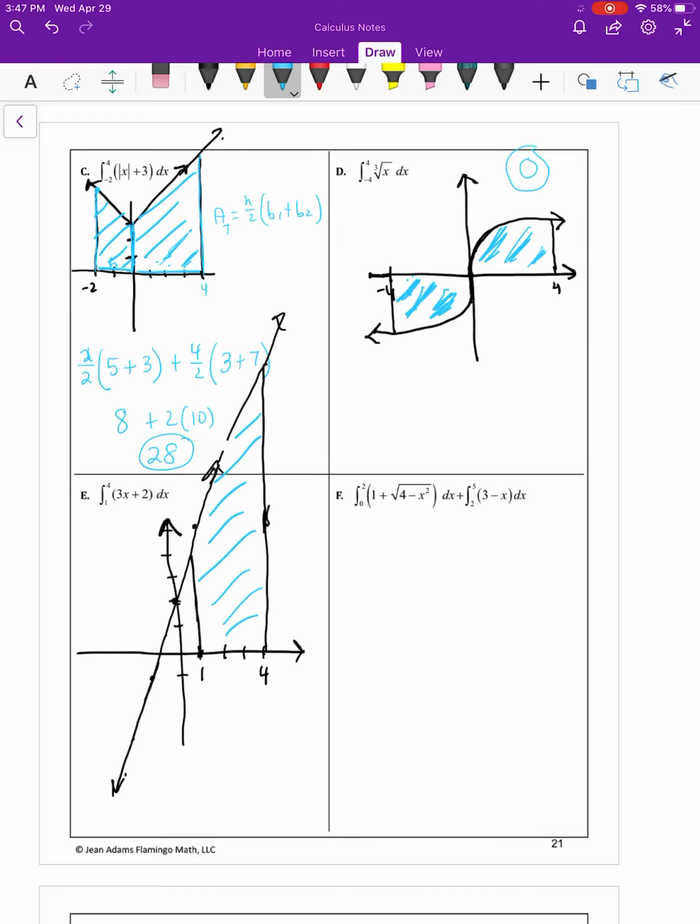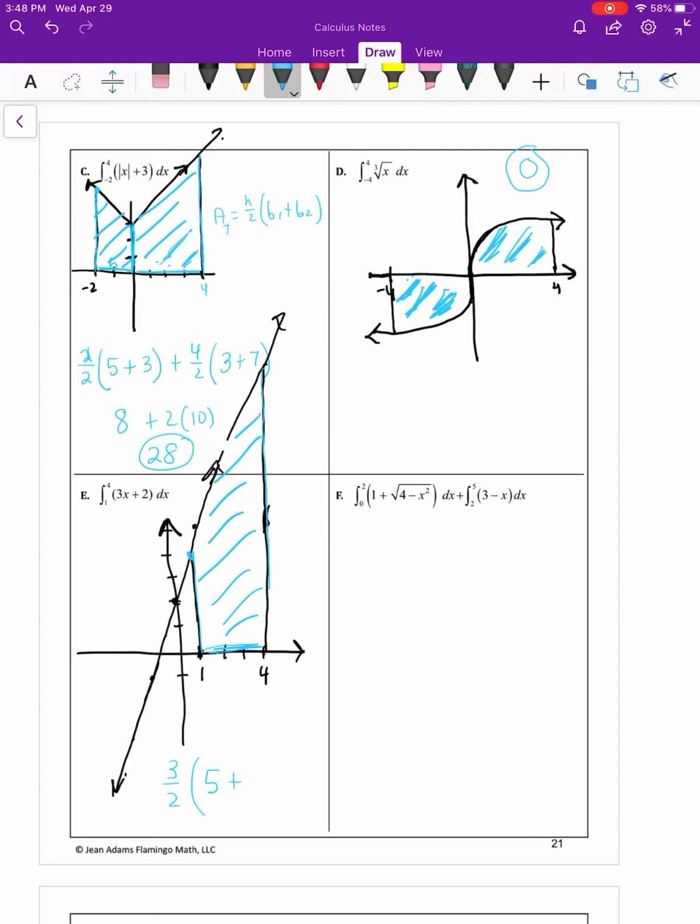So again, we have a trapezoid. If it's a linear function and you're taking the integral, it's either going to be a triangle, a rectangle, or a trapezoid. So kind of easy. But we have a trapezoid. So we're going to say that the height of our trapezoid is 4 minus 1, which is 3. So I've got 3 halves times, because this is height divided by 2, now I need my base 1.